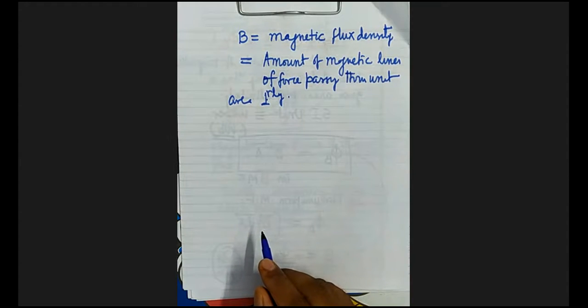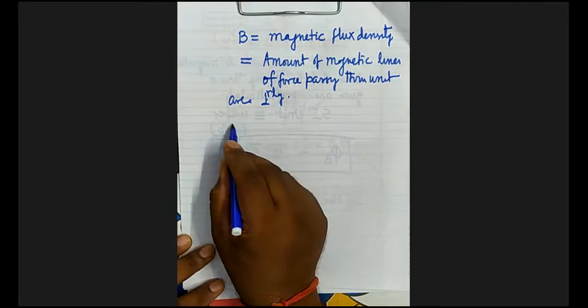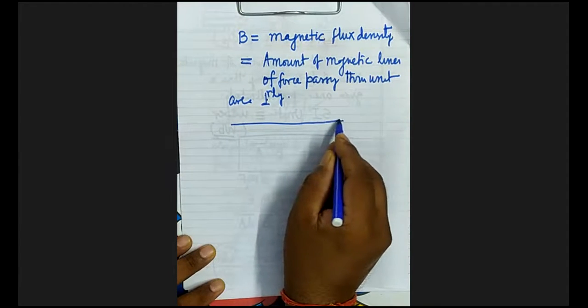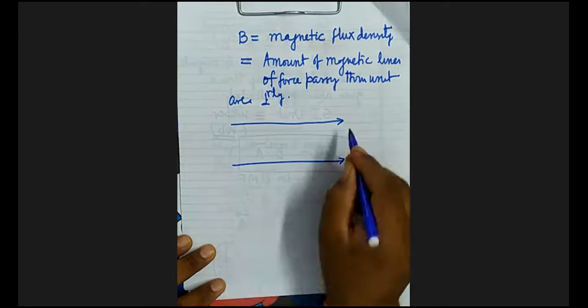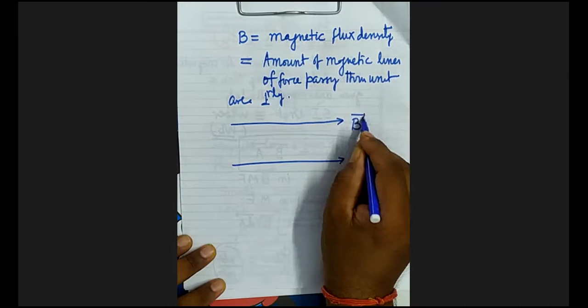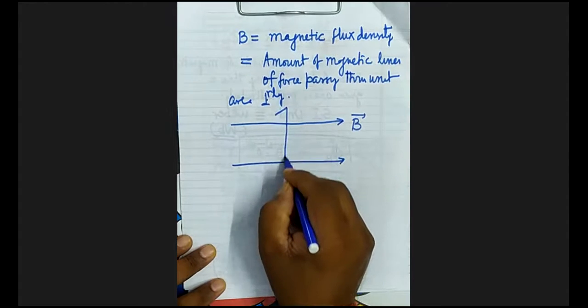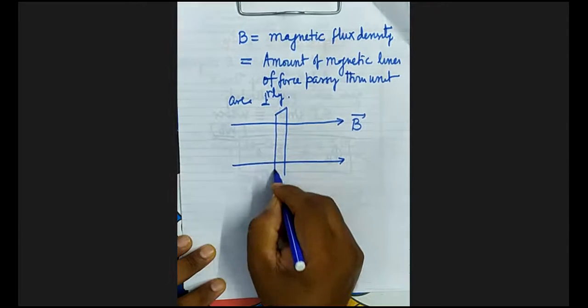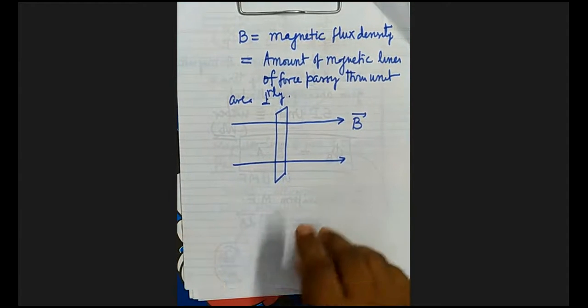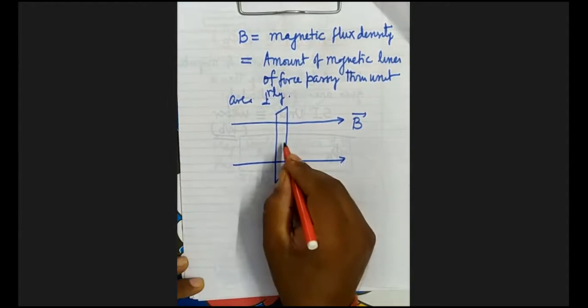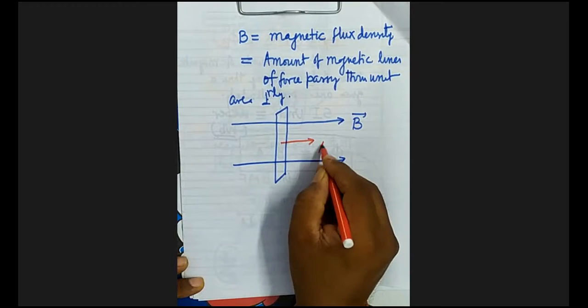Now we will evaluate magnetic flux in two cases here. When uniform magnetic field is there and here surface is held perpendicularly. It is held perpendicularly. So what will be the direction of area vector? Area vector will be this.